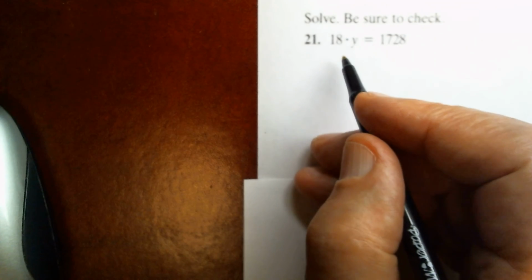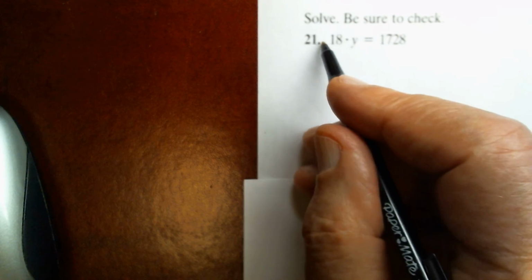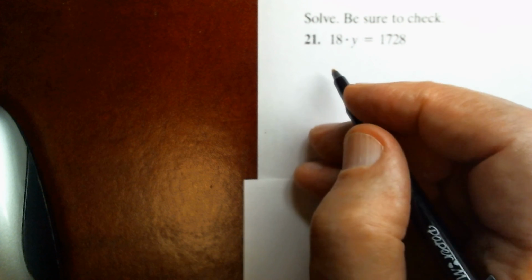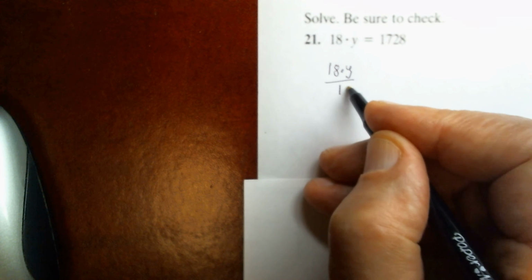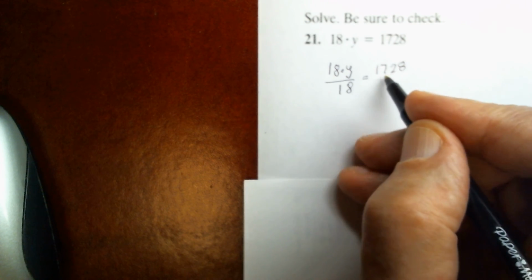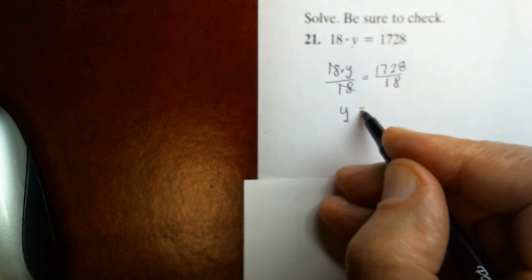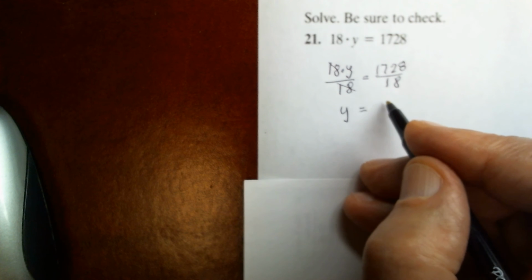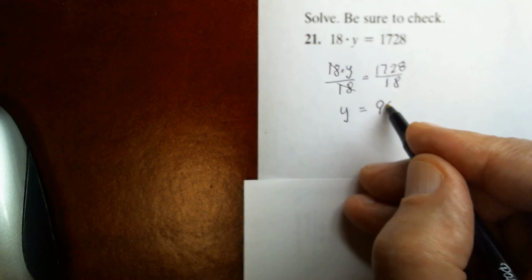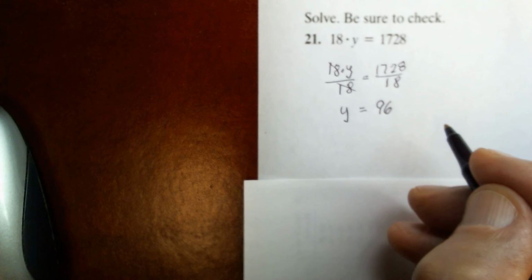Number 21 says 18 times y equals 1,728. Since 18 multiplies the variable, we need to divide by 18 on both sides. 1,728 divided by 18 isolates our y. When we divide 1,728 by 18, we get 96, whether you use long division or a calculator.